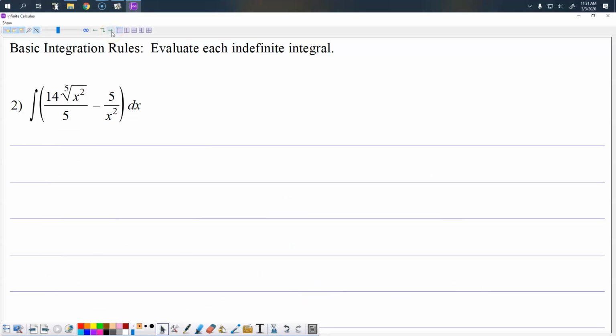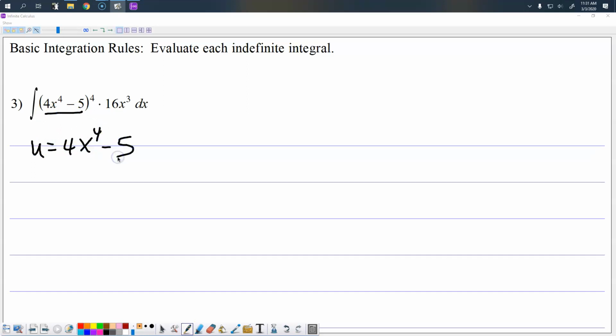Take a look. Number 2 is pretty similar to that. I'll let you guys follow that one on your own there. Number 3 is a basic u sub problem. We're going to say that u is equal to the inside function there. We're going to take the derivative of u with respect to x.